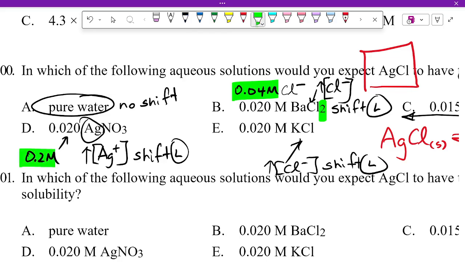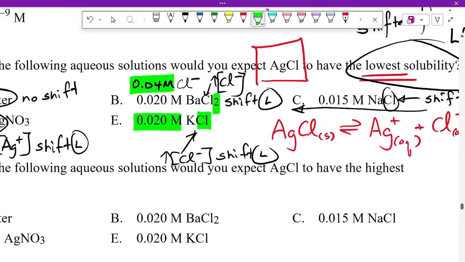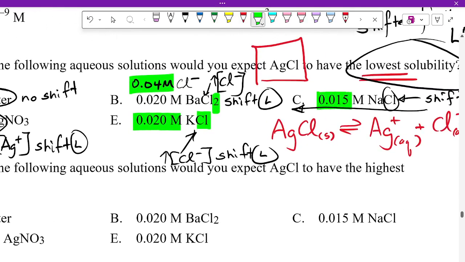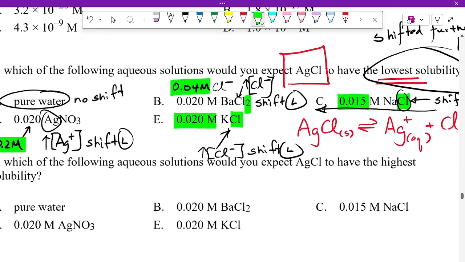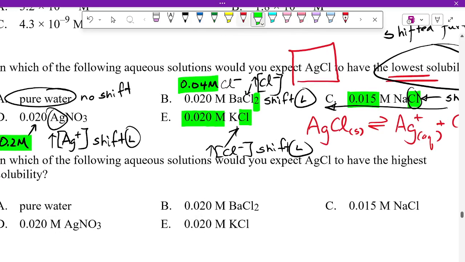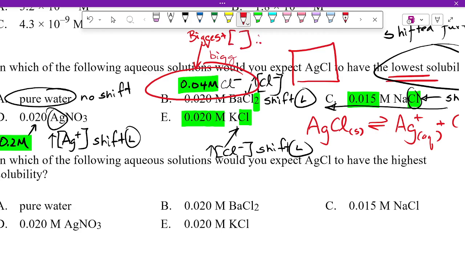So we have 0.2 molar silver, we have 0.2 molar chloride, because that's a 1-to-1 salt, and we have 0.015 molar chloride. Which of those will cause the biggest shift? Biggest concentration, biggest shift. So the answer is B.